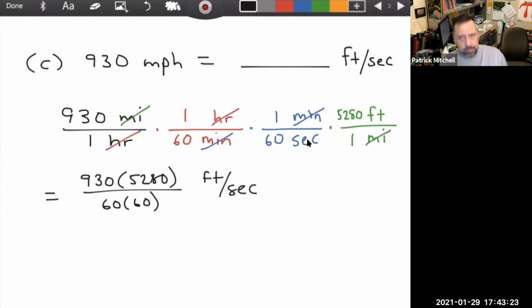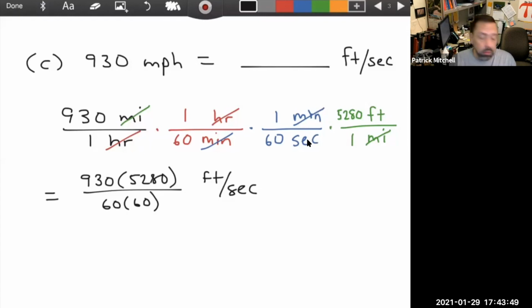All righty. So 930 times 5280 equals, and then I will divide that by, let's see, why don't we do 60 squared? That's the easiest way. Did I do that right? That answer doesn't look familiar to me for some reason.